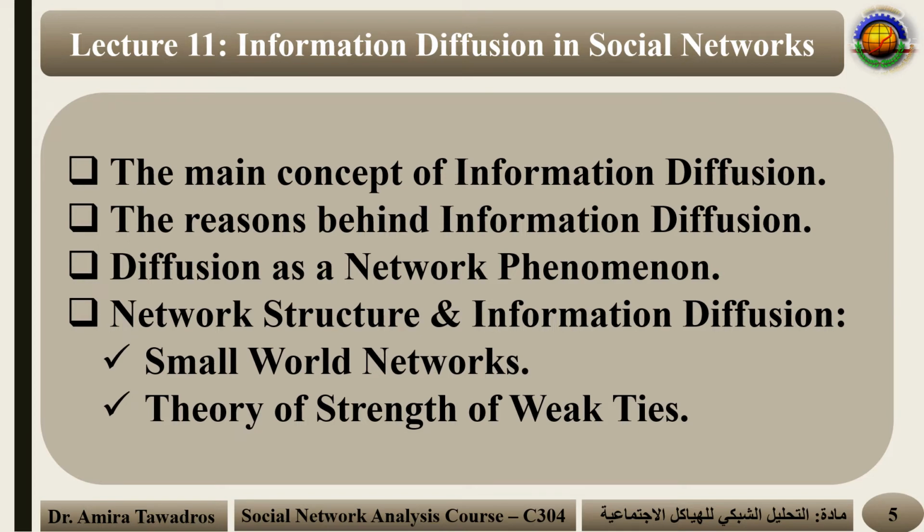Can network structure affect information diffusion or not? This is what we will study in the fourth topic today, and in this topic we will study two theories in social network analysis that are very important in studying information diffusion, which are small world networks and the theory of strength of weak ties.